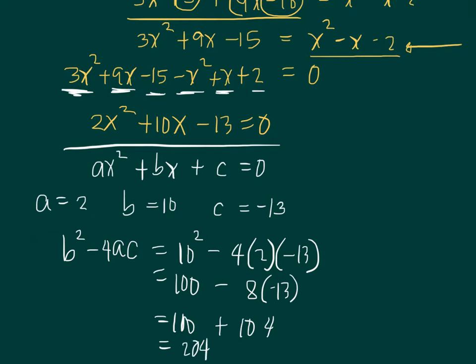So the last thing that you need to check is what type of number this is. Is it greater than 0, less than 0, or equal to 0? And that's when you give your interpretation.